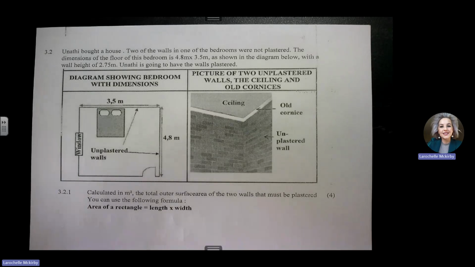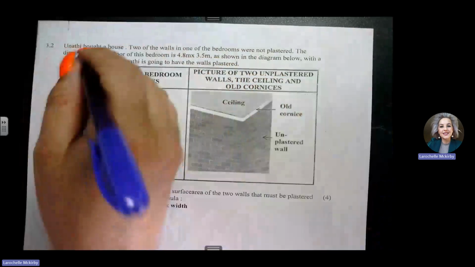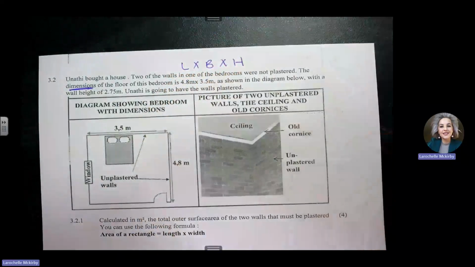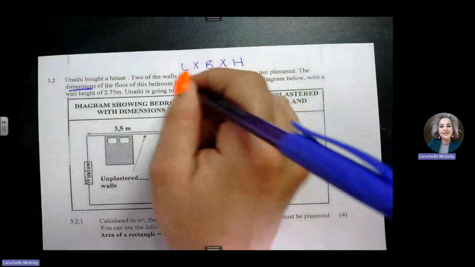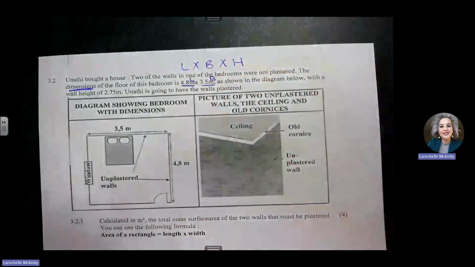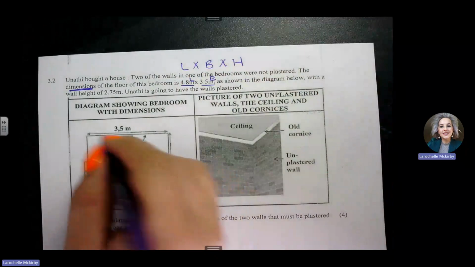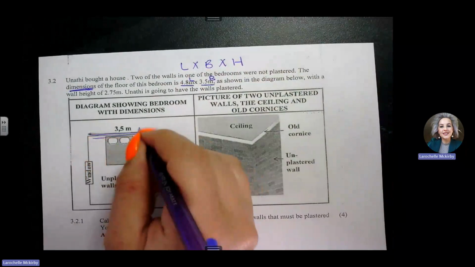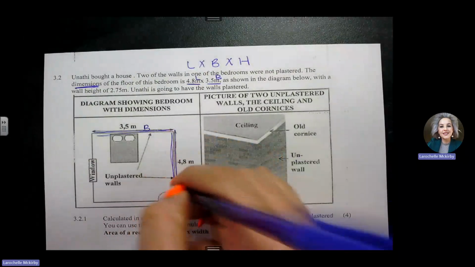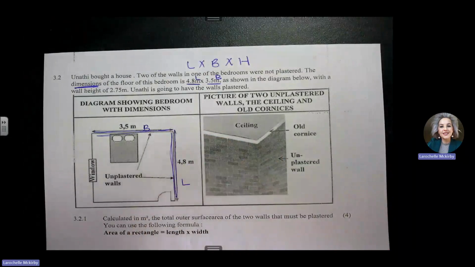Again, we are talking about the word dimensions, meaning length by breadth by height, always in that order. So this will be the length and this will be the breadth. So this part here is how wide the room is, and this part here is how long the room is.